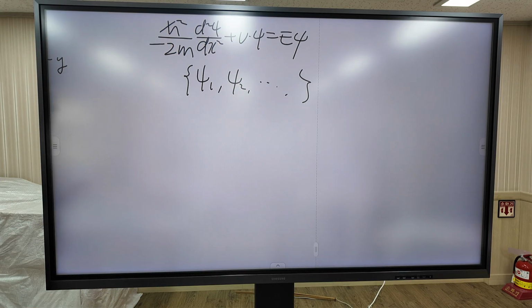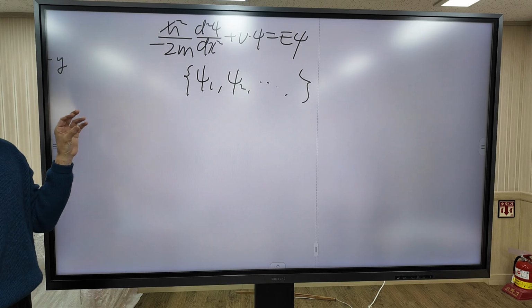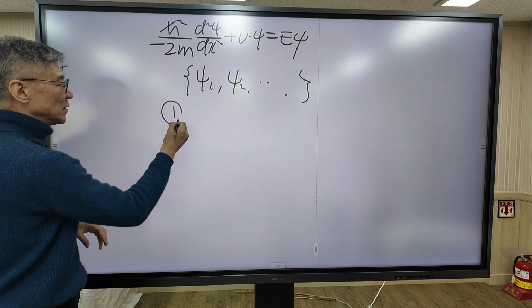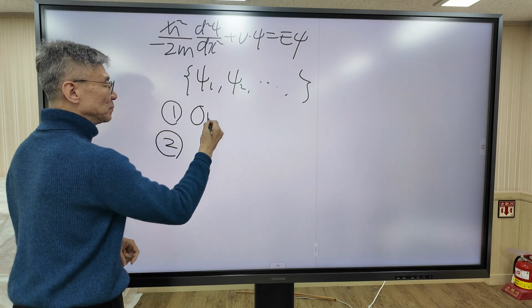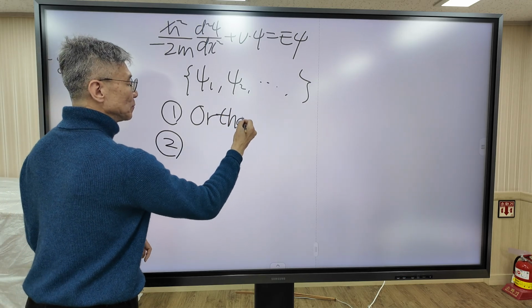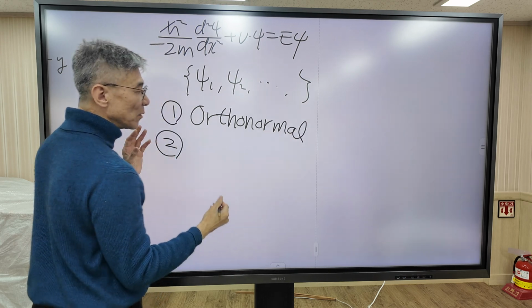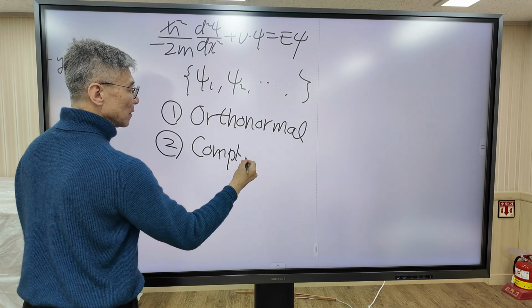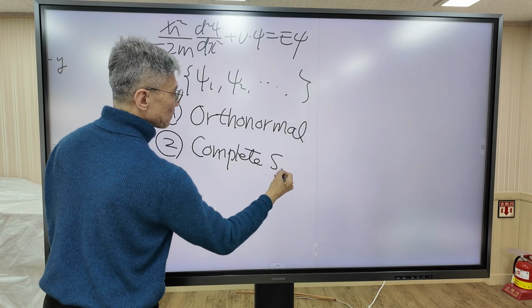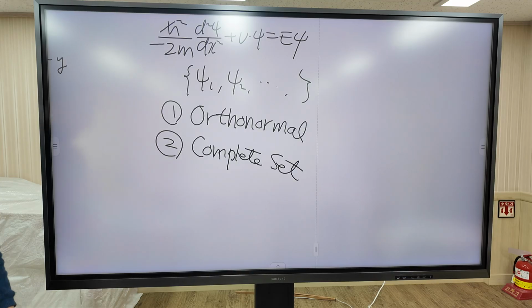And according to mathematicians, this set of functions satisfies very extraordinary properties. Two extraordinary properties. The first one is called orthonormal. The second property is called complete set. I'm first going to take a look at orthonormal.